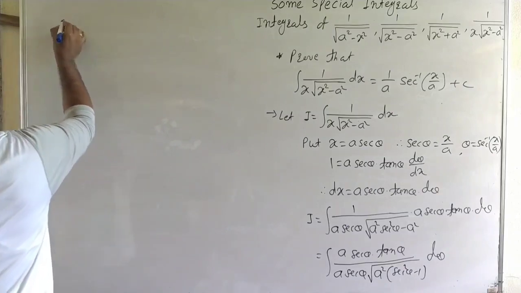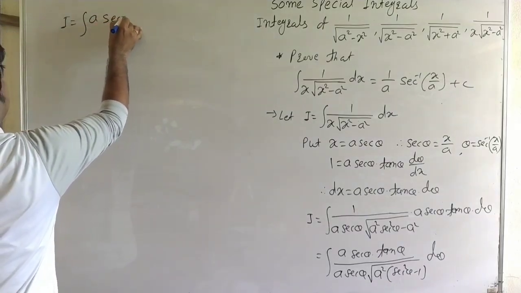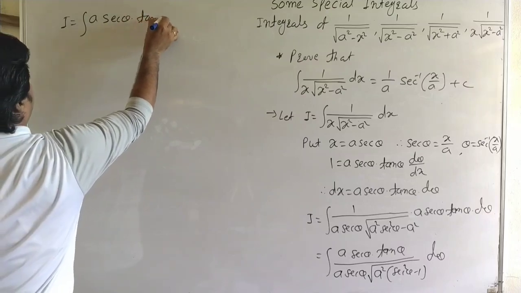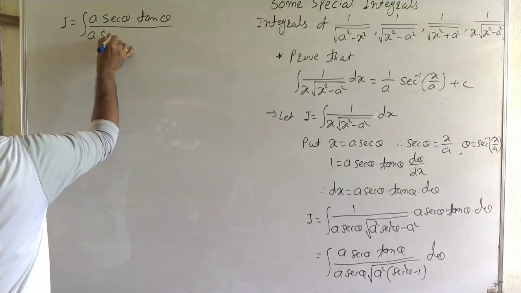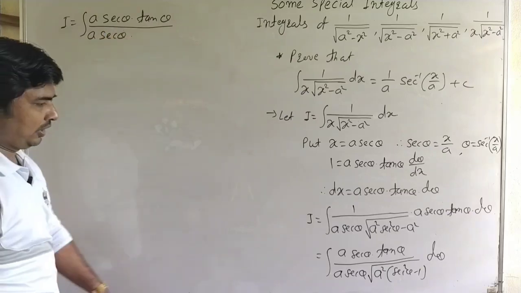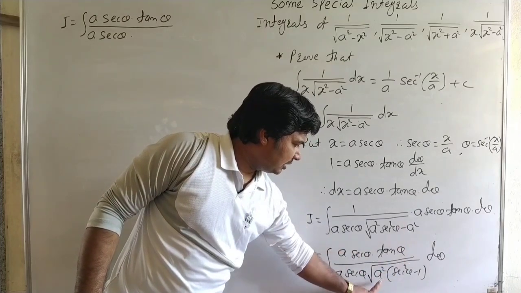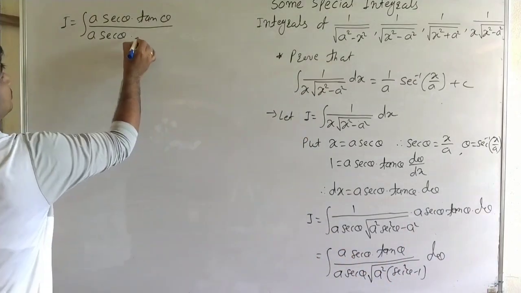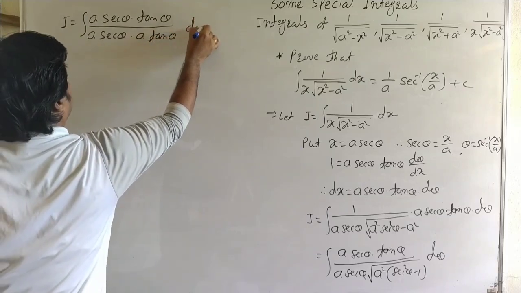Now see carefully here. In the numerator a sec theta tan theta as it is, in the denominator a sec theta as it is, and under root a square tan square theta, remove the under root, it is a tan theta, d theta.